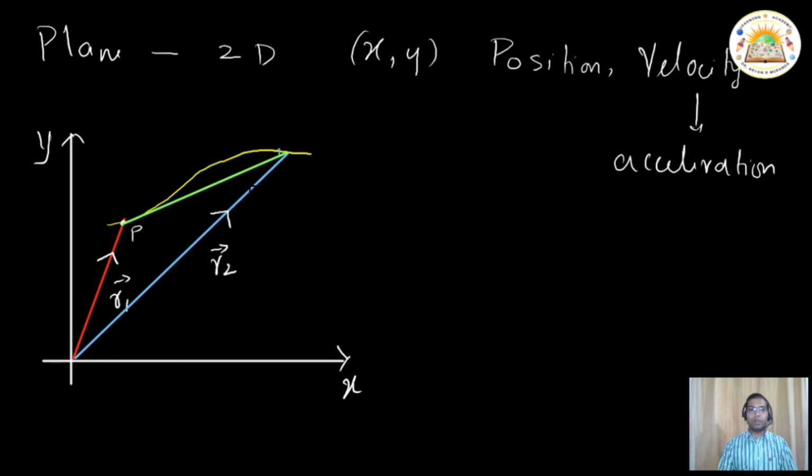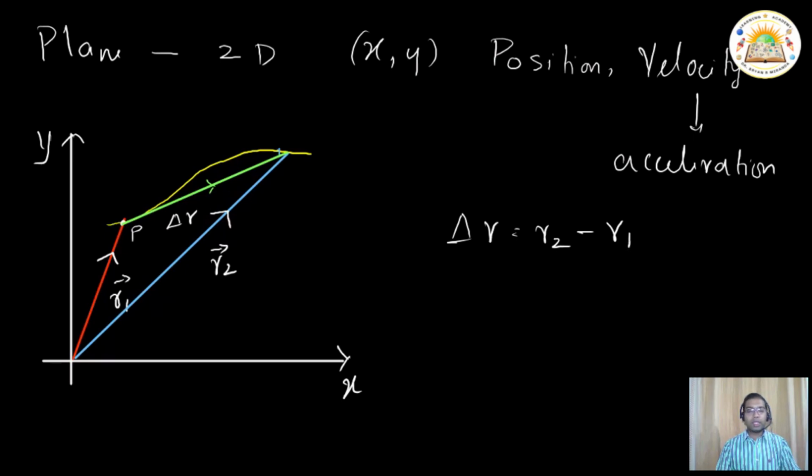So this is going to be my resultant vector in this direction, and I will simply write this as delta R, because I need to know by how much R1 has moved to R2. So that is the difference that I will get from this expression, that is, delta R is equal to R2 minus R1.